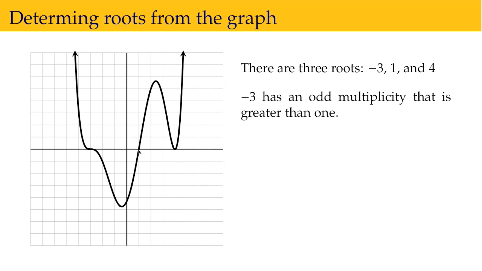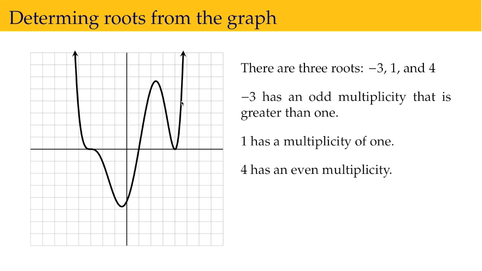My next root was a 1. This crosses the x-axis nice and smoothly, so I do know that the multiplicity of this root is exactly 1. And here I have at 4, the graph touches without crossing. And so 4 has an even multiplicity.